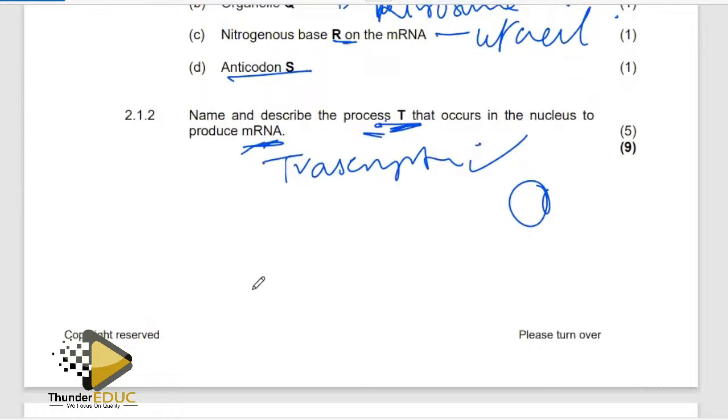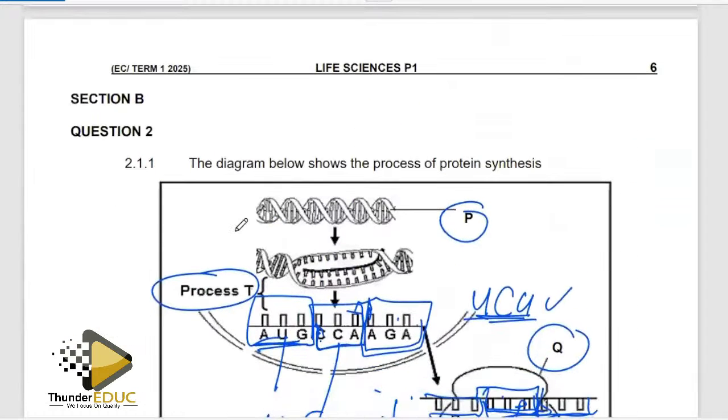The DNA double helix unwinds, weak hydrogen bonds break. Then it unzips, which is the same as weak hydrogen bonds breaking, to form 2 separate strands. One is acting as a template. You see it here. This is the one acting as a template for formation of messenger RNA using free floating RNA nucleotides from the nucleoplasm.